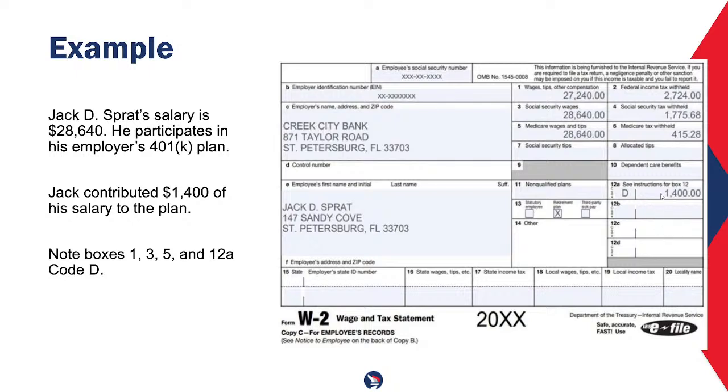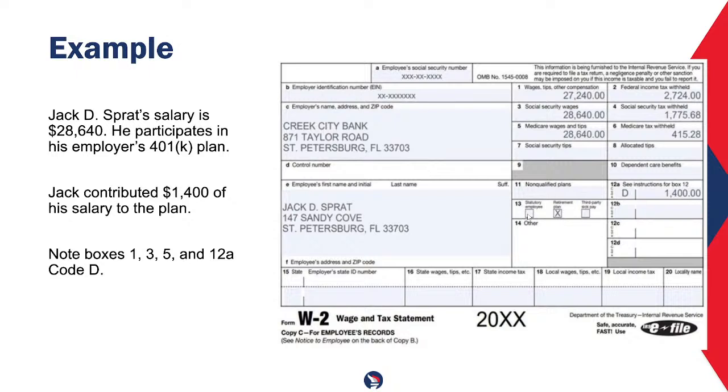We just didn't participate in the retirement plan at work if we don't have anything over here. That's actually important because when it comes to a certain credit, an adjustment to income that gets talked about in a future class, just because this box is checked changes some of the contribution levels. Even if we didn't participate, just the fact that we were covered changes some of the participation levels.